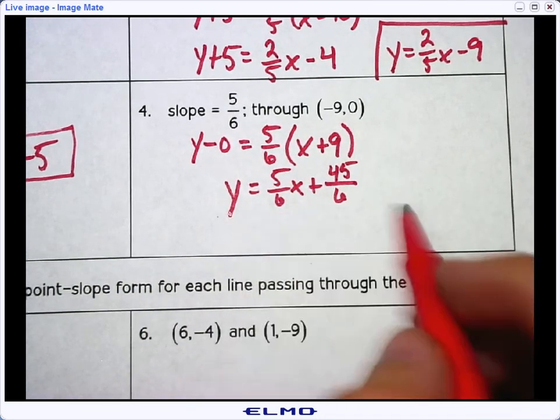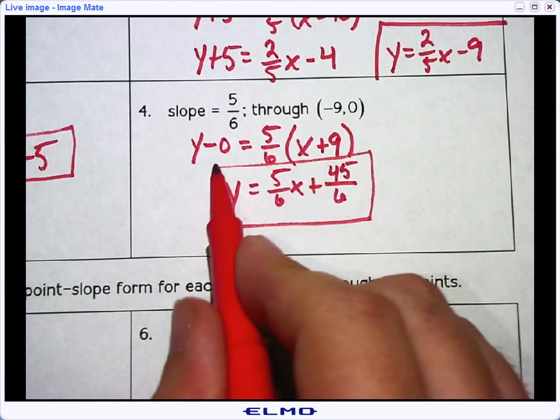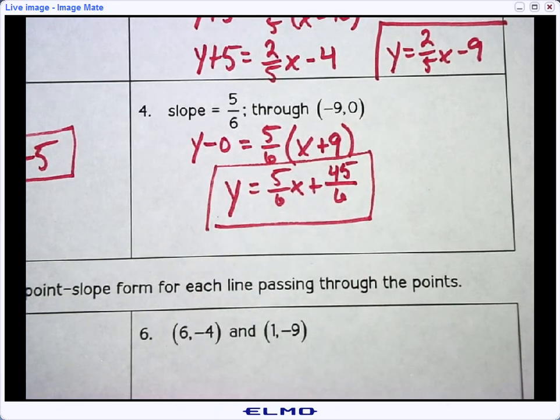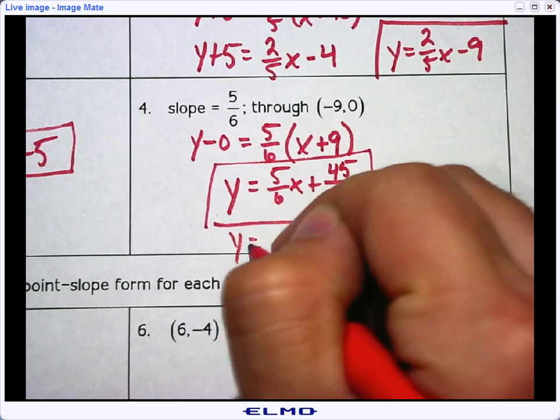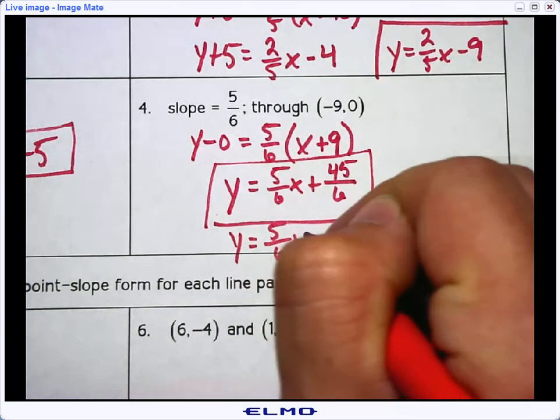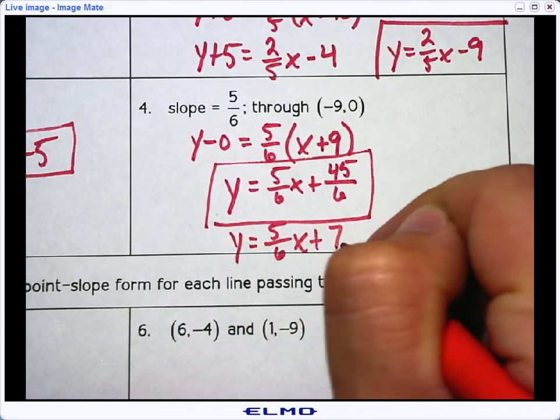The y is by itself. There's my answer. Now, if you took that 45/6 and you wanted to change it to a decimal, you would get 7.5. So you could write it as y equals 5/6x plus 7.5.